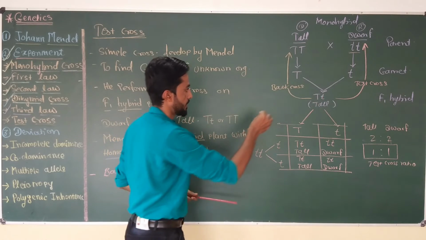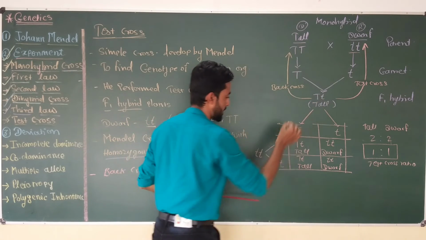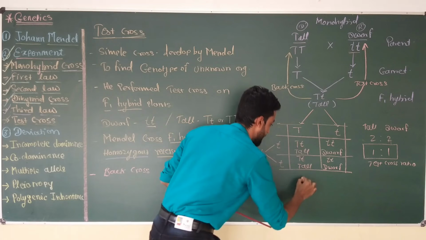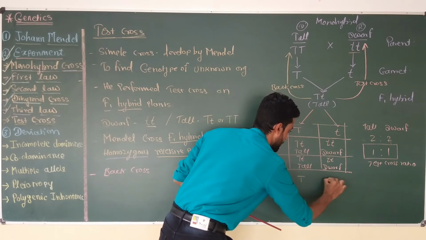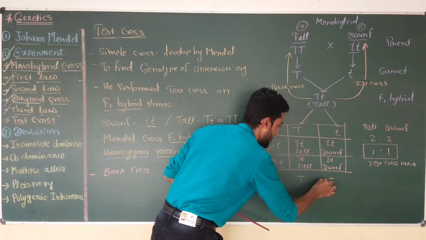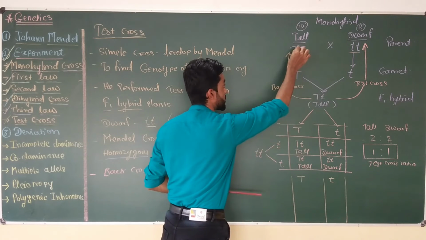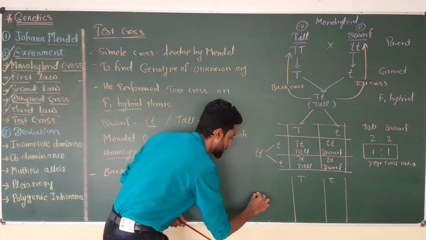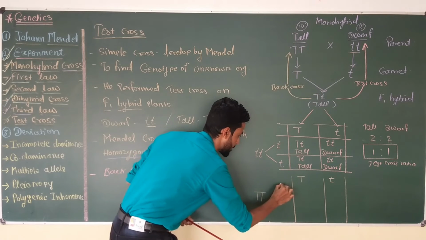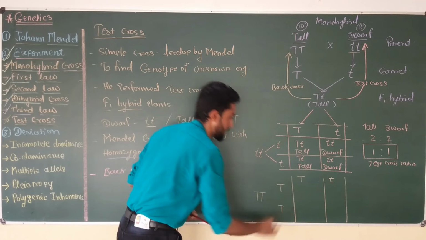For example, this capital T small t is going to produce the same gametes, capital T and small t, and this dominant parent is going to produce a single type of gamete, which is capital T.